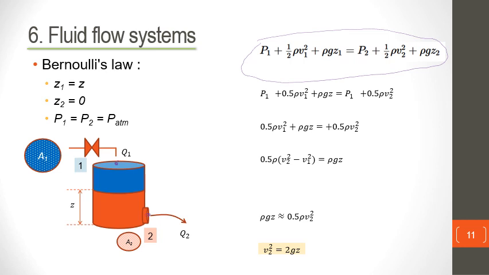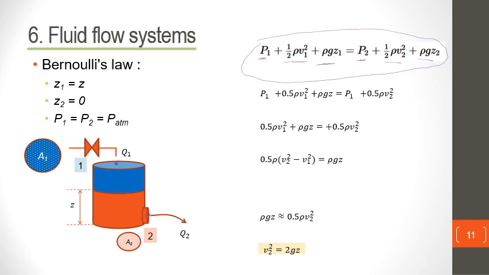What Bernoulli's law says is that the energy due to pressure at 1, plus the kinetic energy, plus the potential energy, should be equal to the energy due to pressure at point number 2, plus the kinetic energy at point number 2, plus the potential energy at point number 2 as well.